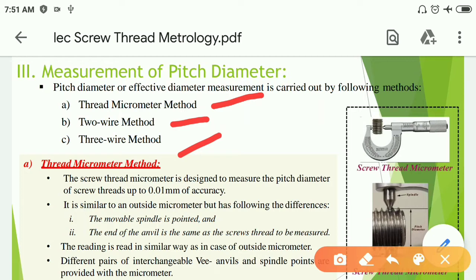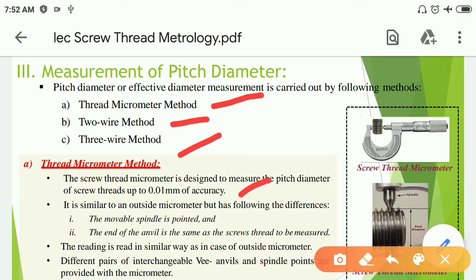Let us understand the thread micrometer method first. The screw thread micrometer is designed to measure the pitch diameter of a screw thread up to 0.01 millimeter accuracy.